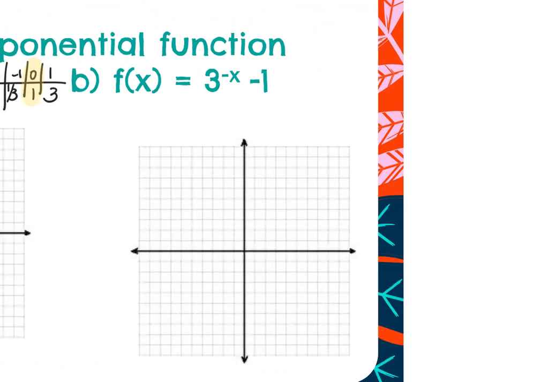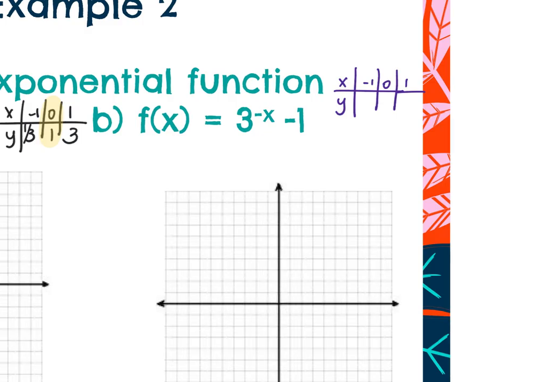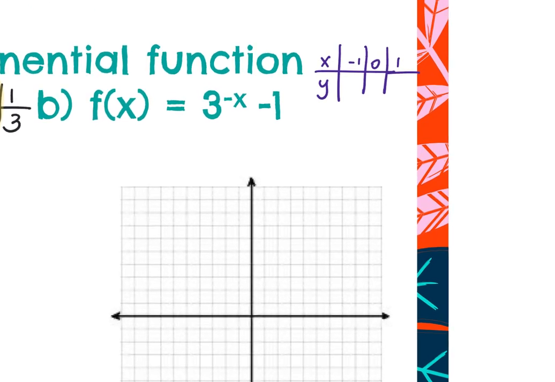All right, now we go to B. So I'm going to plug in the same points. And this time my exponent's a -x, so I'd get 3 to the -1 minus 1. -1 becomes what? +1, so this is 3 minus 1, and I get 2. Then I plug in 0, 3 to the -0 minus 1, which is still 3 to the 0, or 1 minus 1, and that's 0.